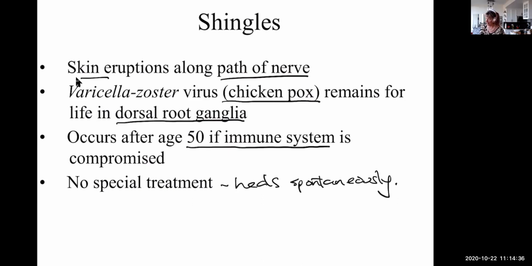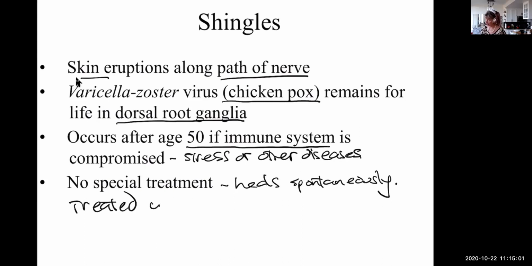It's thought to be caused by immune compromisation, sometimes by stress, or other diseases or conditions. It can be treated with aspirin for pain and steroid treatment to reduce inflammation.